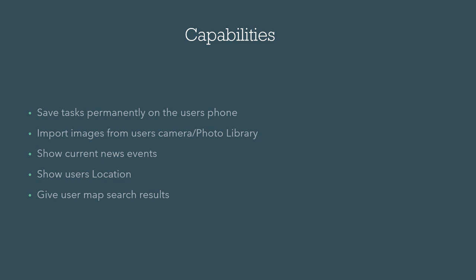Once it's segued into the map view controller, it's going to immediately show the user where they're located. It's going to give map search results. The user is going to be able to search for anything they would like.